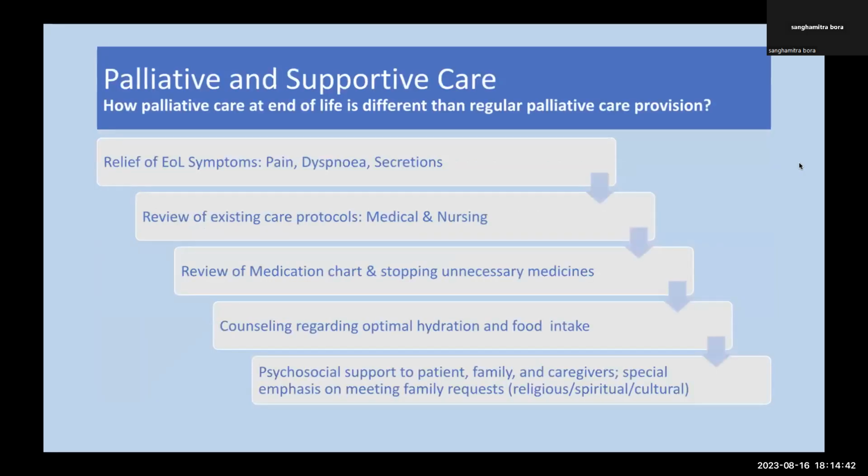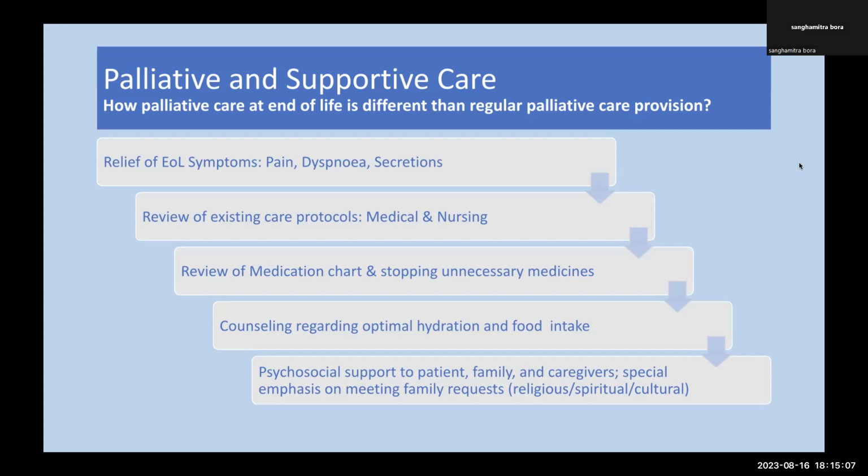So how is palliative care at the end of life different from regular palliative care provision? The primary aim is to relieve the patient of end of life symptoms. Mainly, the dominating ones are pain, dyspnea, and a lot of secretions.